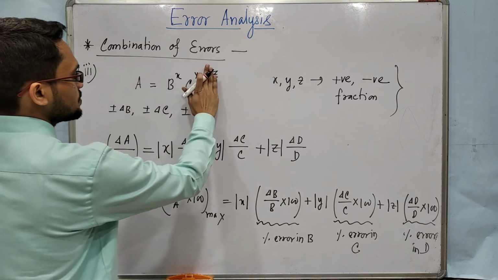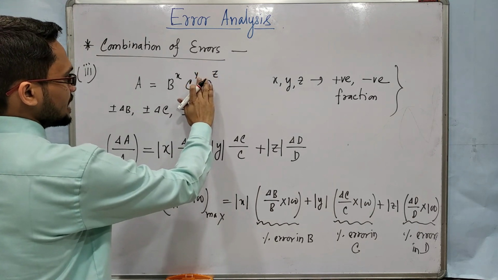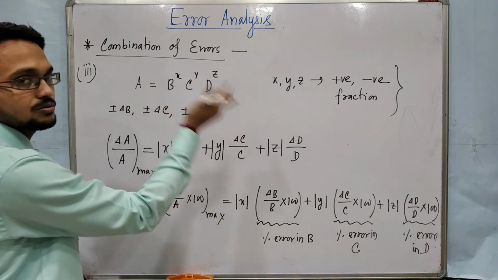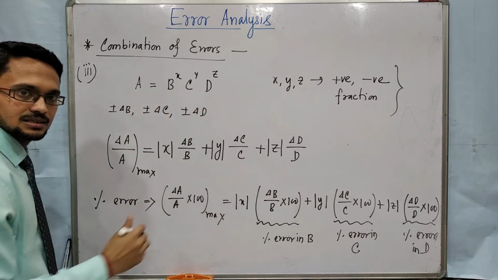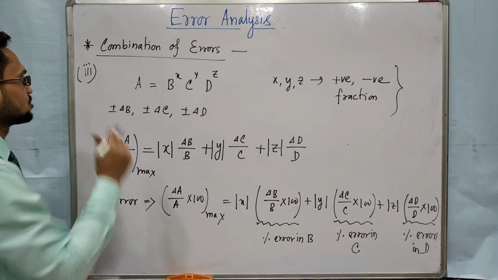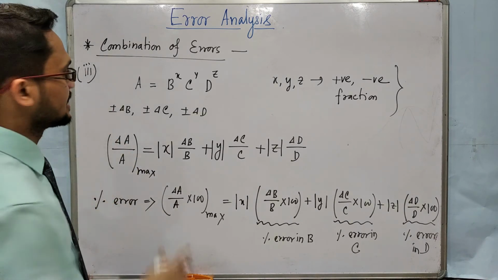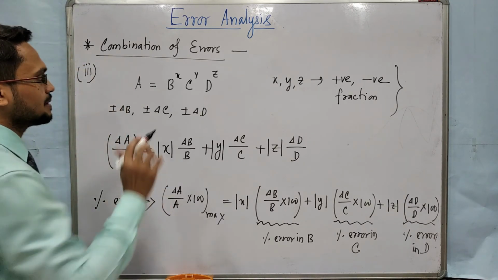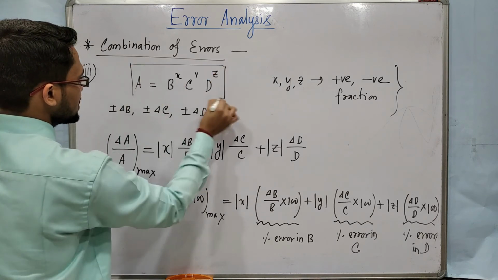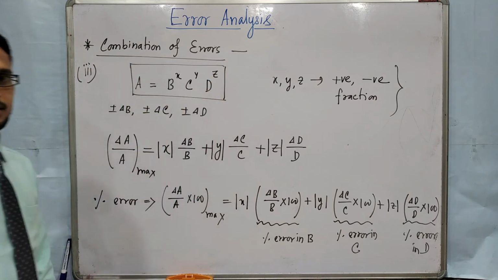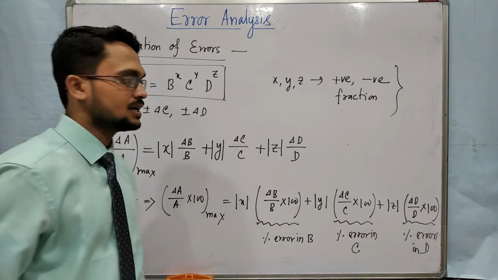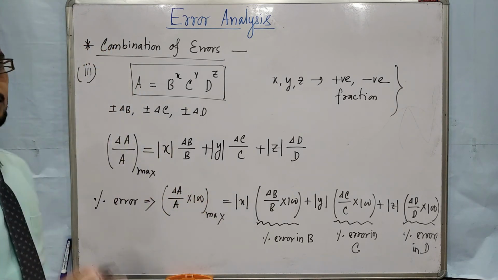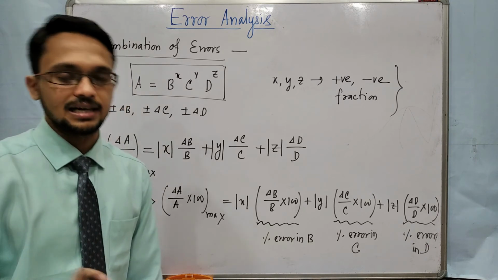If we remove the d part, and y equal to minus 1 and x equal to 1, then it will be b by c, so a equal to b by c, a division type. So the second type is a special case of the third type. If you remember the third type, you do not have to remember the second type.